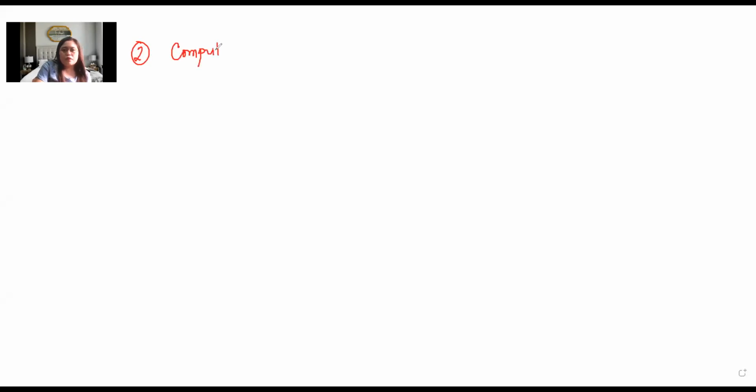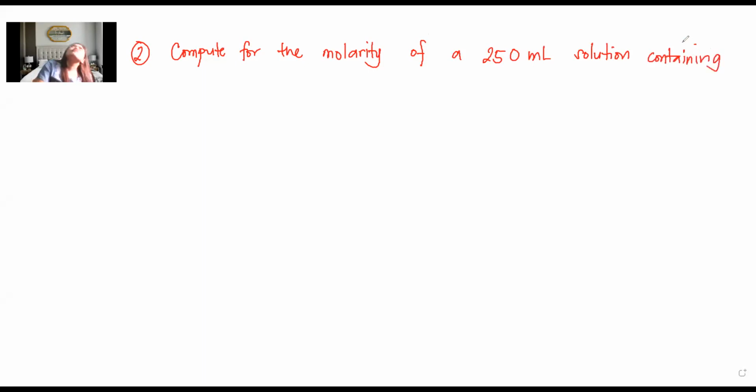Compute for the molarity of a 250 ml solution containing 3.5 grams of sodium carbonate.